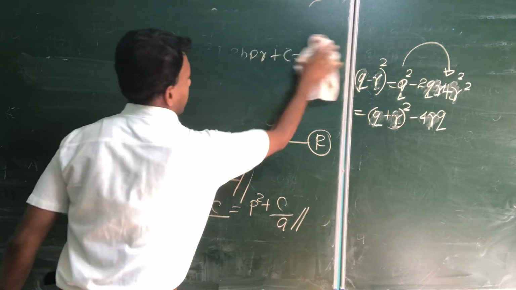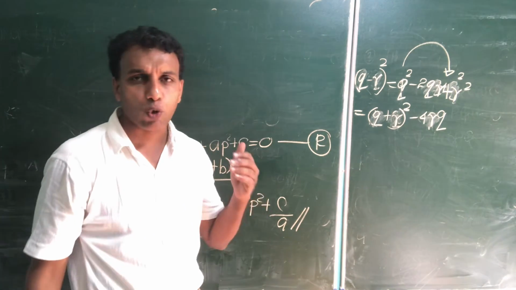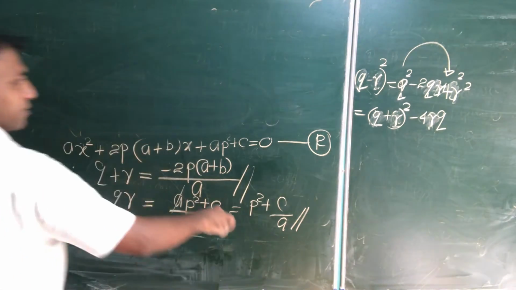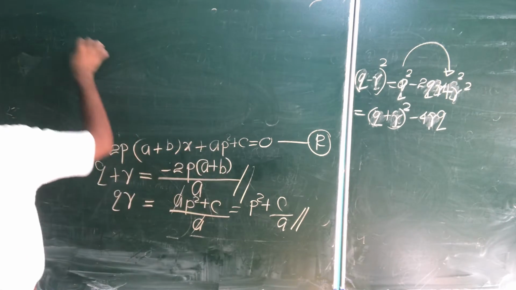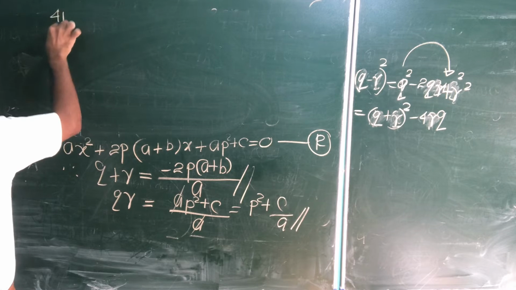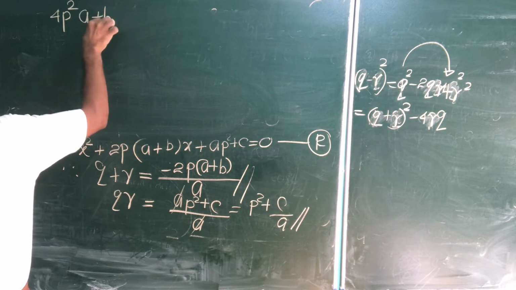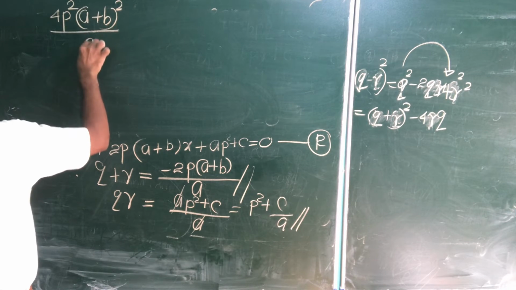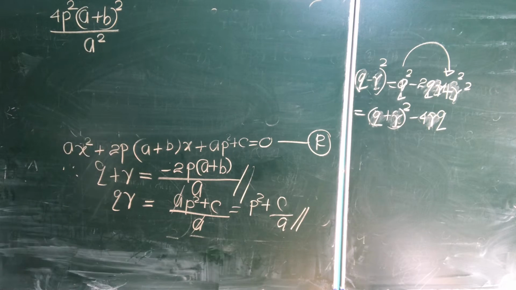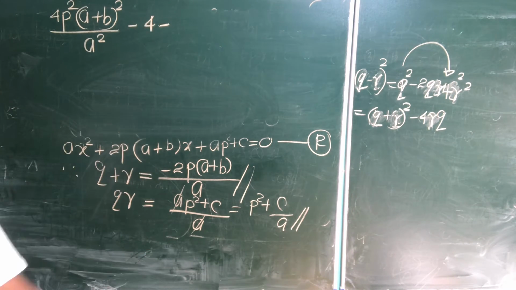So that's the method, an important technique, properly define how it's possible, how these roots are possible. So therefore, what is q plus r? Square it. Therefore 4p square into a plus b all things square over a square minus 4 times what is qr.